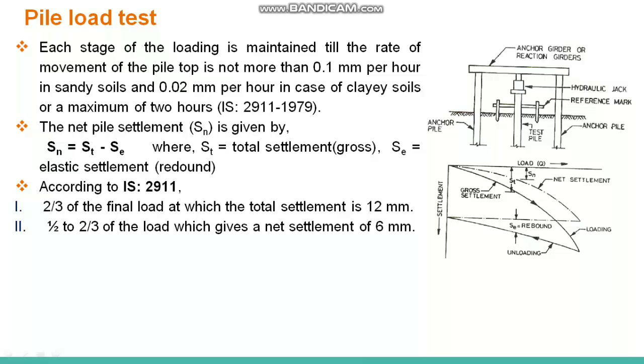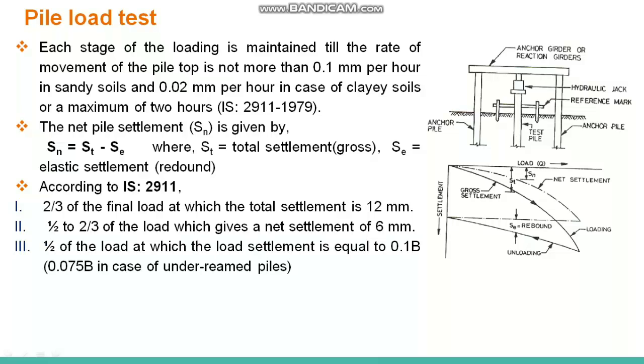Second condition, half to 2 by 3 of the load which gives a net settlement of 6 mm. Third, half of the load at which the load settlement is equal to 0.1 B, or 0.075 B in case of under-reamed piles.